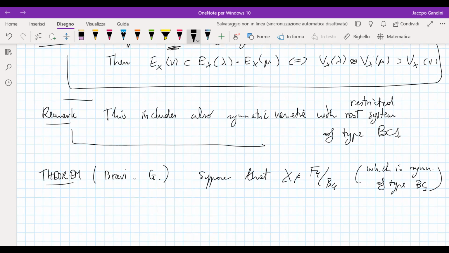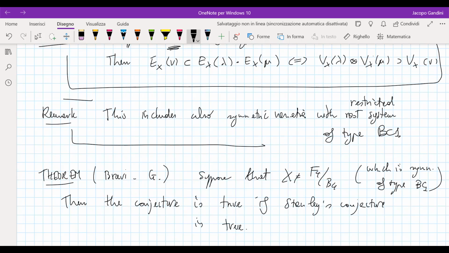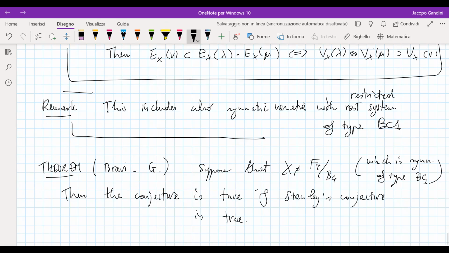But in some sense, we cannot apply in this case something that we can apply in every other case. Then the conjecture above is true if Stanley's conjecture is true. So we definitely expect this conjecture to be true.